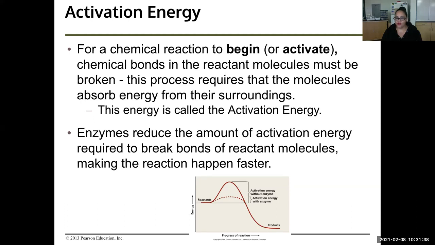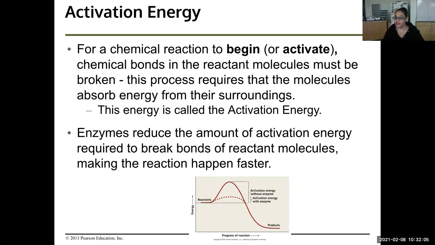So in the little graph at the bottom, the solid red line is the activation energy without an enzyme. So you have to build up this much energy before the reaction can start. Once you insert an enzyme into the equation, you have the dotted line where you only have to maintain this much energy for the reaction to start.